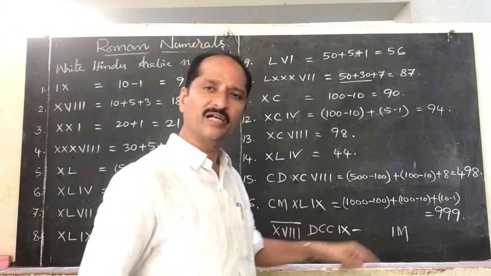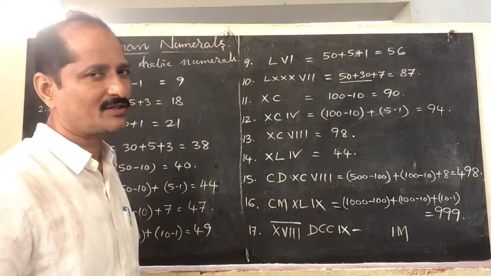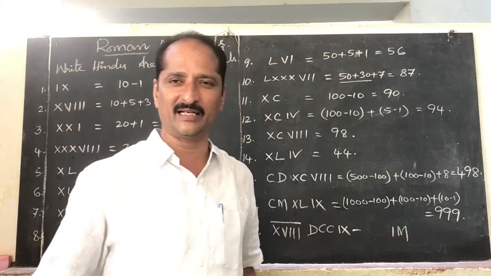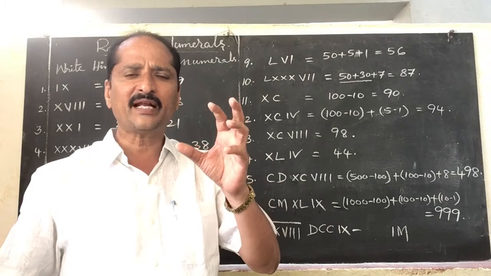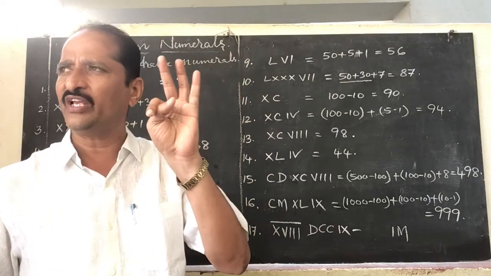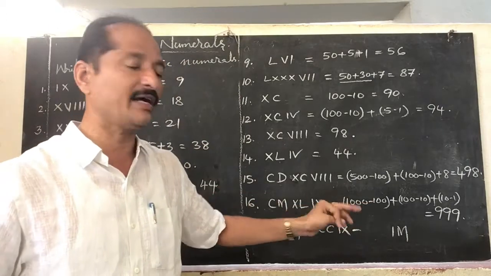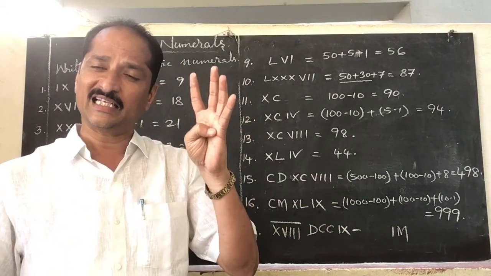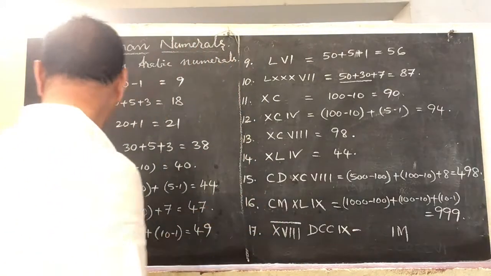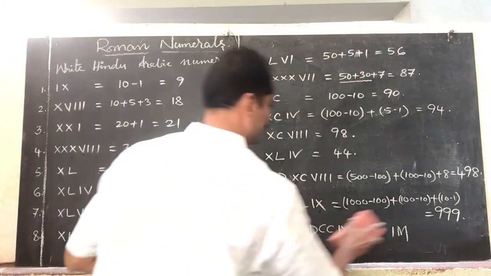No, we can't write like this. We cannot write because I cannot be subtracted from M. I can be subtracted only from V and X. V and X only. We can't subtract it from C as well as D and M also. Okay? So I cannot be written like this.